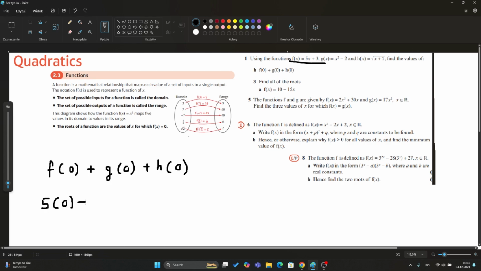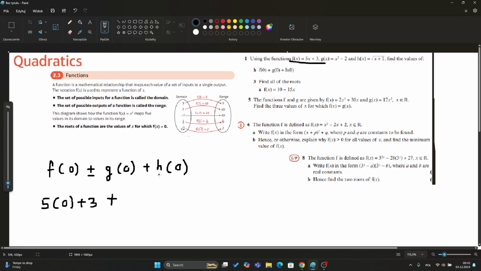So whenever there is 5x plus 3 for the function f of x, we replace that input with 0, and now we have to add another function, which is g of 0.